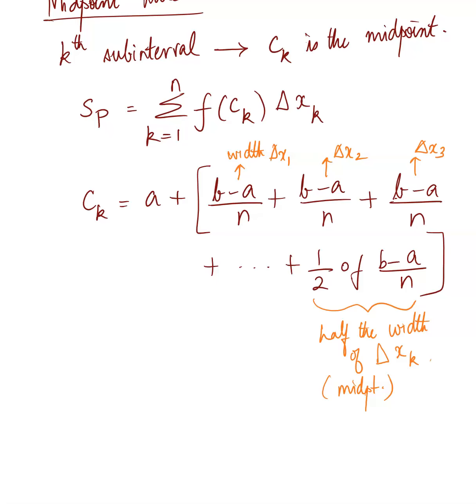Therefore, collectively, this will be a plus. You can look at it in two ways. You can do k times (b minus a) minus a half, or just k minus half, right? That was k minus 1, isn't it? This is k minus half.